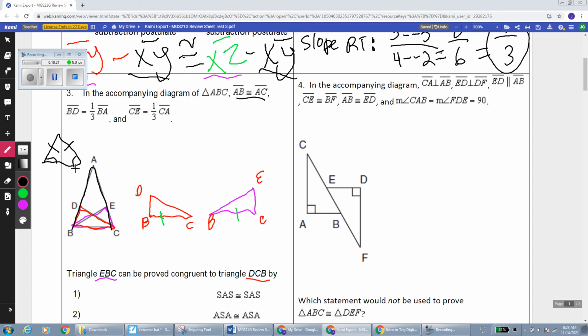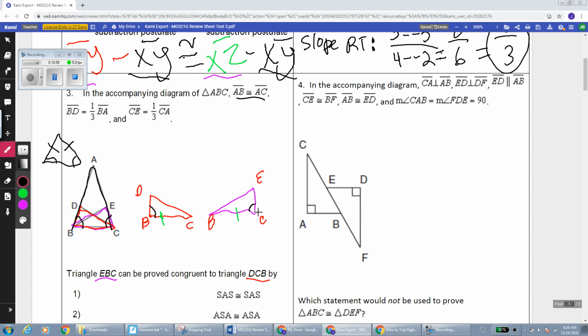So I know that in triangle ABC, since it has two equal sides, it's also going to have two equal base angles. This angle is angle DBC, which is right over here in this triangle, and this angle is angle ECB, which is right over here in this triangle. So now we have a pair of angles that we can also use to prove the triangles congruent.